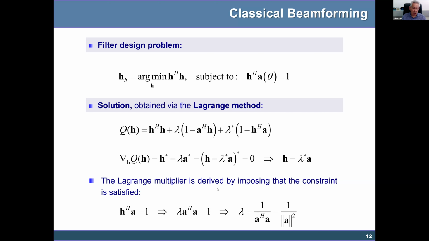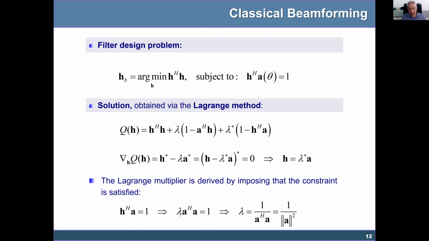Now, how do we find lambda, the Lagrange multiplier? We find lambda by imposing that the constraint is satisfied. So this is the constraint. You replace H with this, and you find that lambda should make the constraint valid.